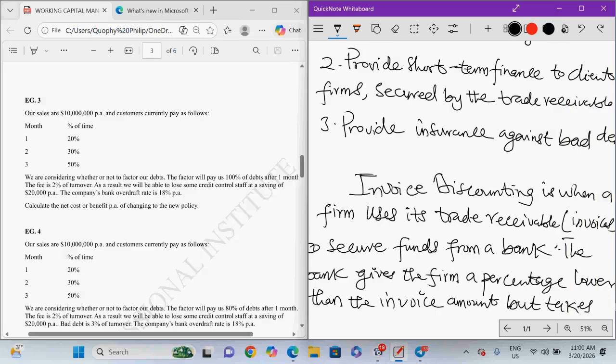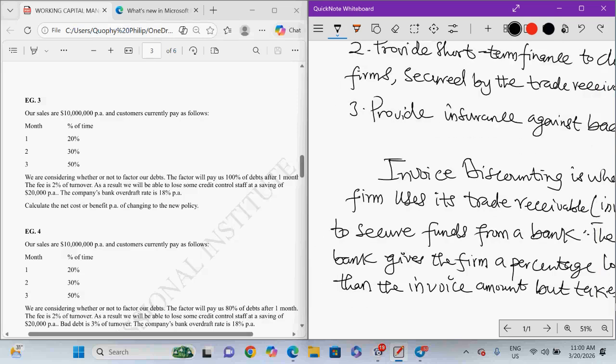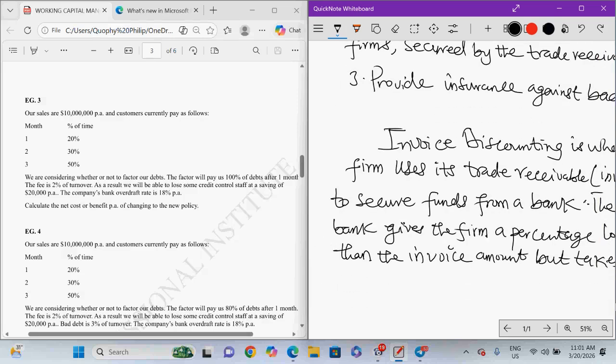But when they collect the receivable from the customers, they will take the full amount during maturity.